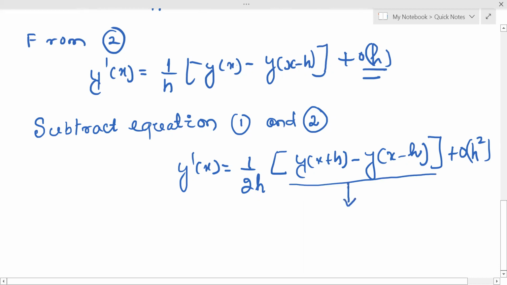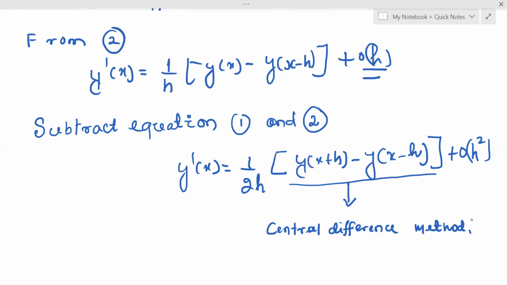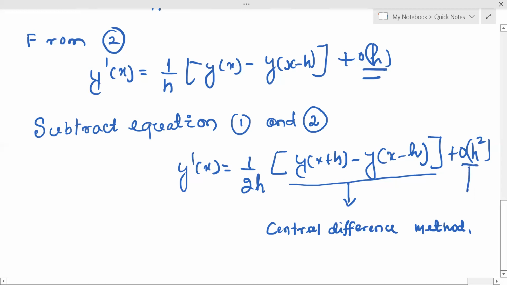The method produced here we call the central difference method, an approximation of y' with an error of order of h squared, and this is called the error of this function.